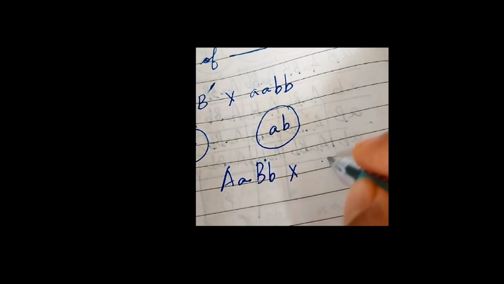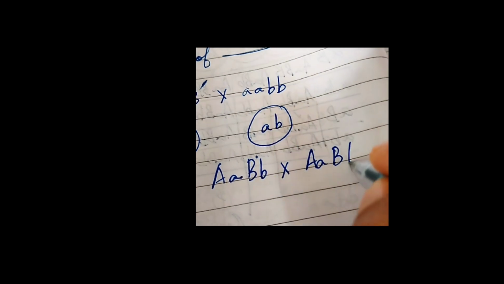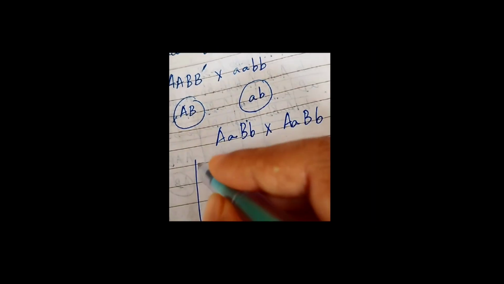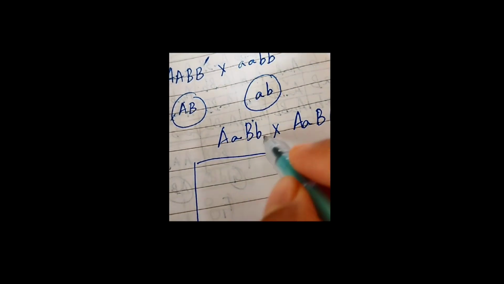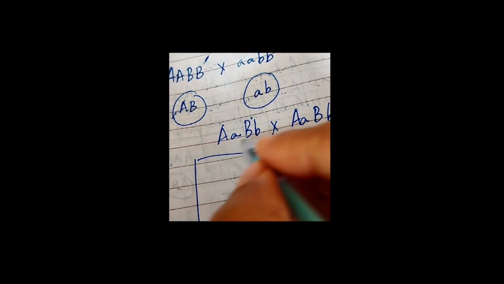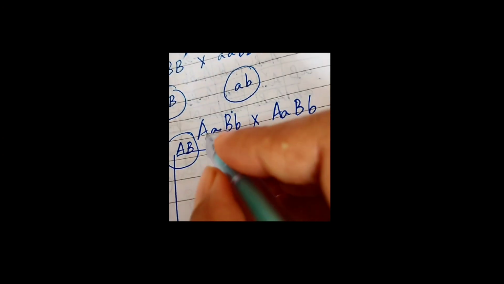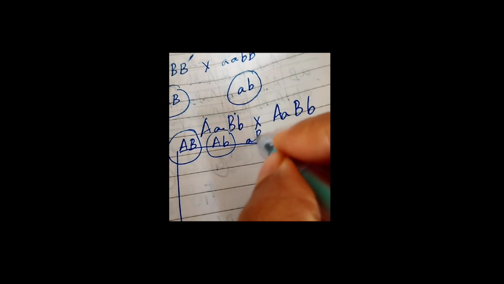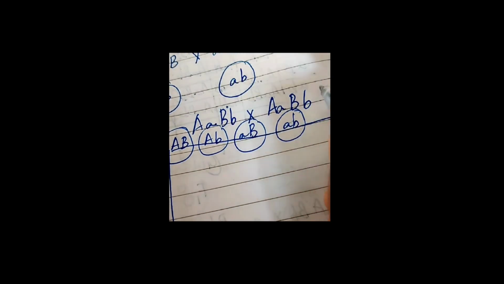Now doing a self cross, like how Mendel did, AaBb. Now we have to cross these two using the Punnett square. We'll use the gametes from this parent on this axis, so we will get the combinations: one as AB, then Ab, then aB, and finally ab.